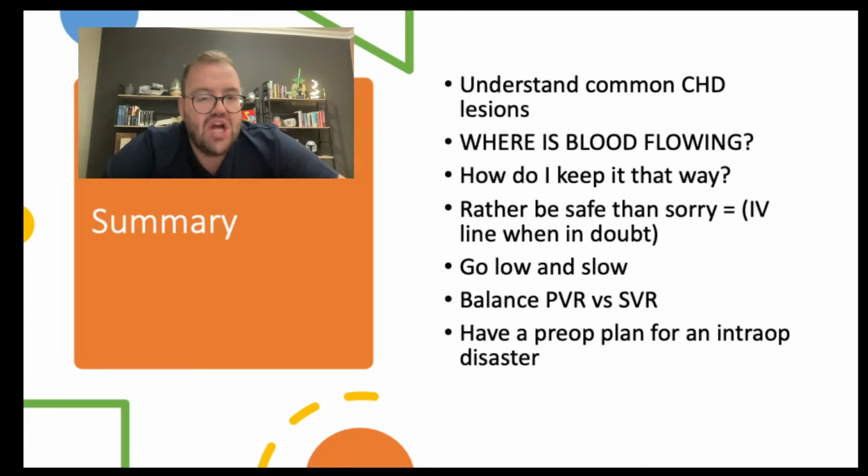How do I keep this child as they appear to me lying in the bed, smiling at the pre-med visit? Rather be safe than sorry, IV line pre-induction. Go low and go slow. No big boluses, no big doses of anything in these kids. Balance PVR and SVR and have a plan preoperatively for an intraoperative disaster.